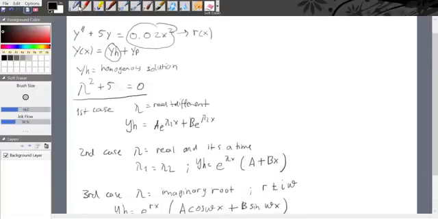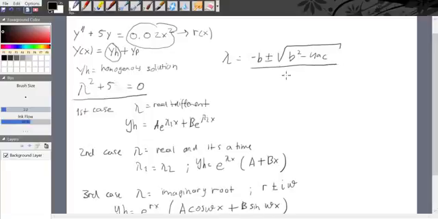Finding lambda is just pretty simple. You can always use this equation: minus b plus or minus the square root of b squared minus 4ac, over 2a.